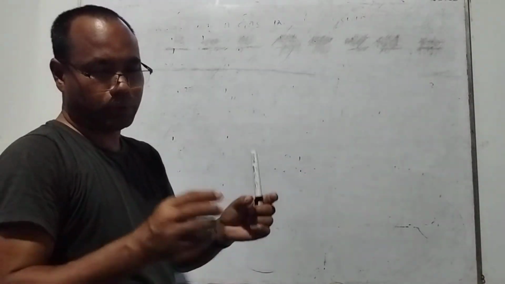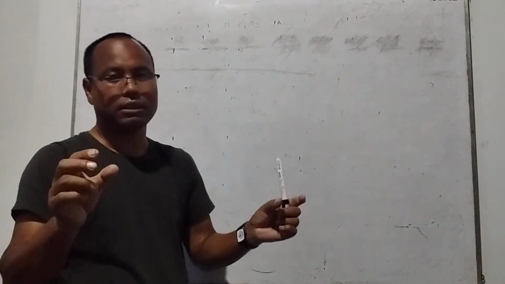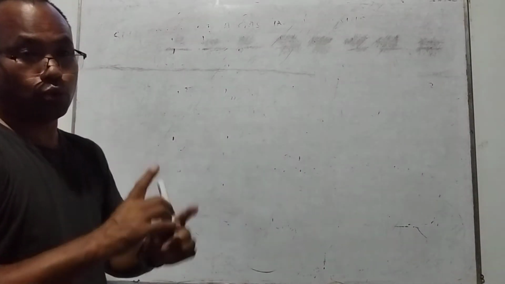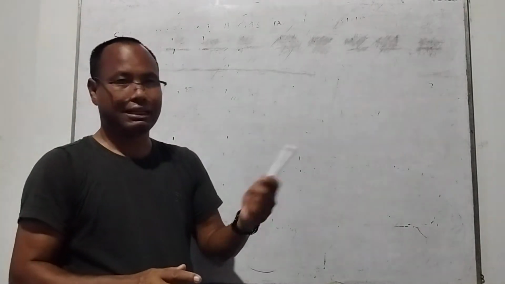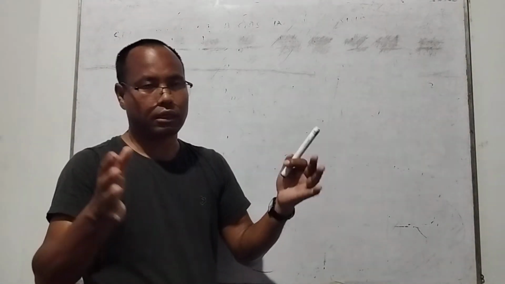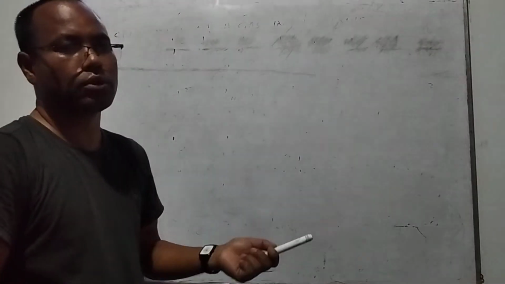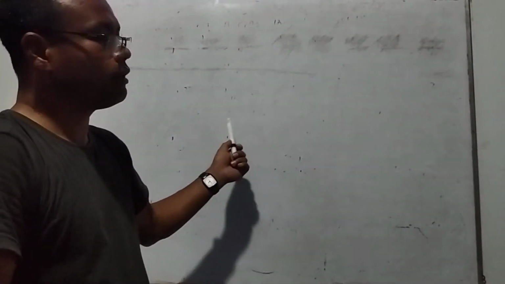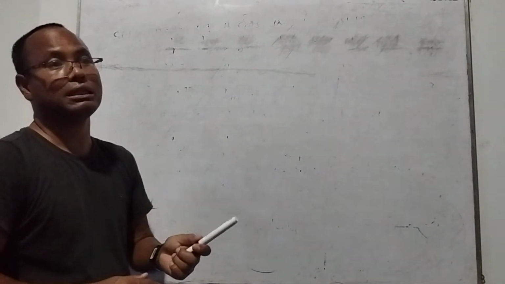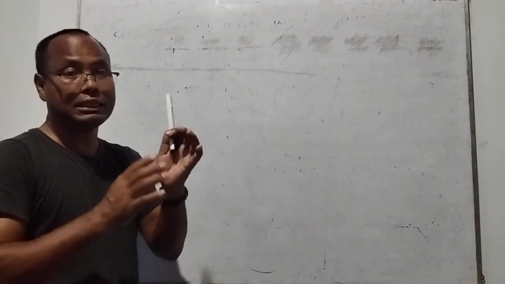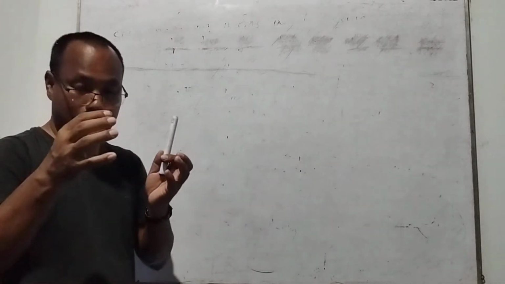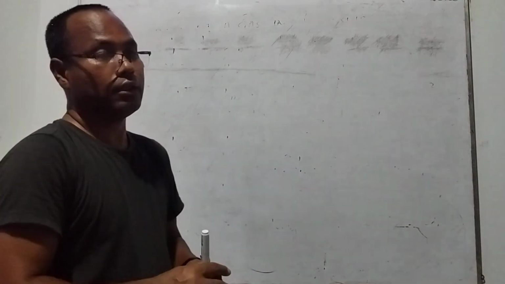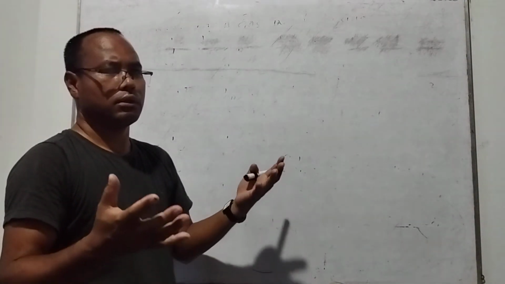When we take the gas and the liquid, they should have no interaction, no reaction. If a reaction takes place between the gas and the liquid, Henry's law is not valid. That means Henry's law is valid only when the gas does not interact with the liquid, no reaction at all. That's the type of solution.